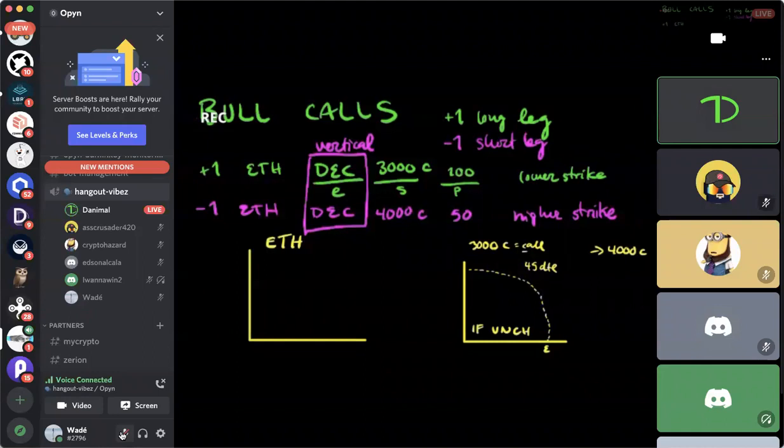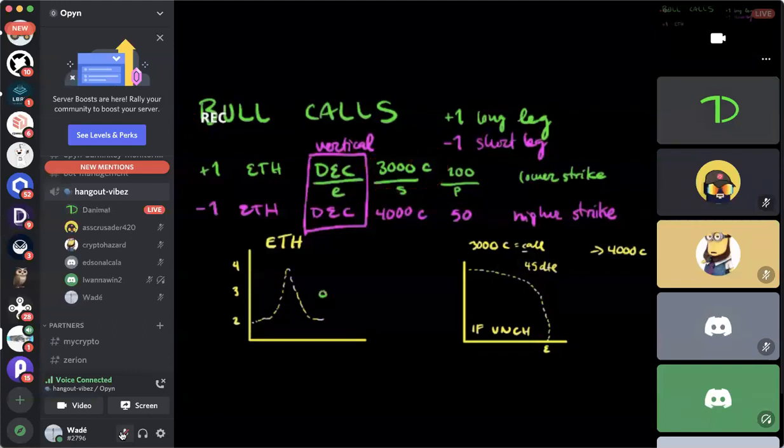So we'll look at the chart of Ethereum and we'll just say we saw it go up for a long time, and then around 1700, and then it went to 4,000 and back down, right? So let's throw our options on the chart. Let's say this is 2, 3, 4, and this is all in thousands. So what am I going to do? We're going to go to our 3,000 strike and throw that on the chart.